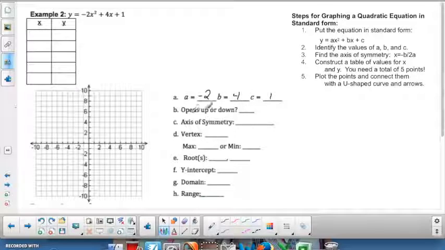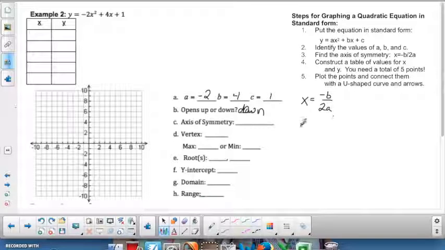I can go ahead and say that this is going to open down because that a value is negative. So we expect to see something that's curved this way this time. Let's go ahead and find the axis of symmetry. So remember the formula for that is x is -b over 2a.